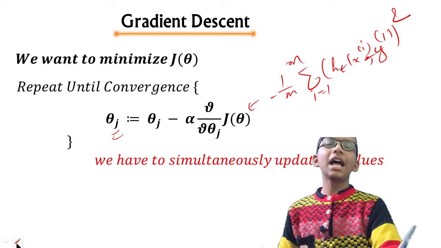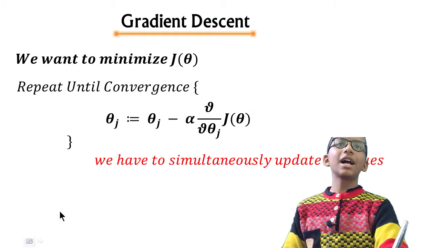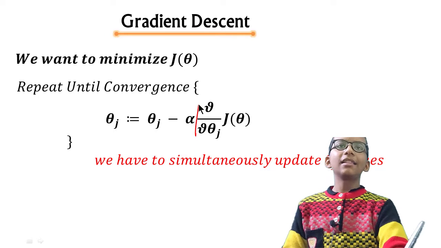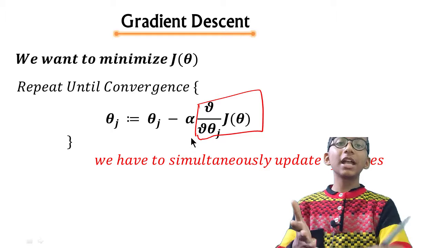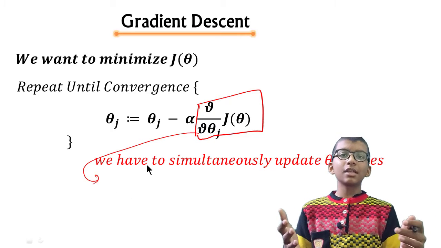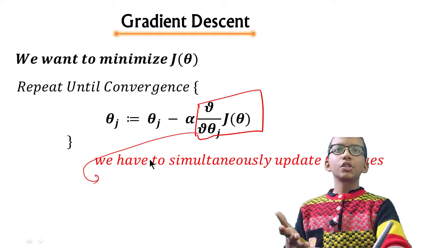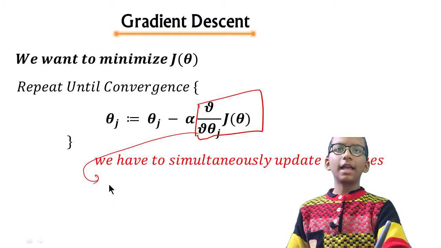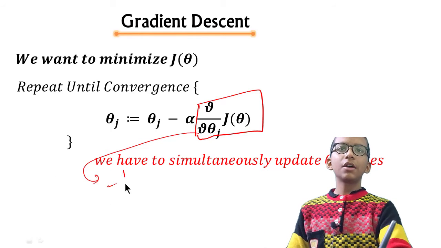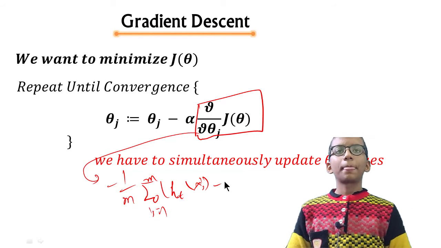So let me demonstrate more easily. We have this partial derivative of our cost function marked in red, and let's do this calculation here. After doing all the calculus, what will be the result? We will get minus 1 by m, the sum from i equals 1 to m of h of x_i minus y_i, squared.